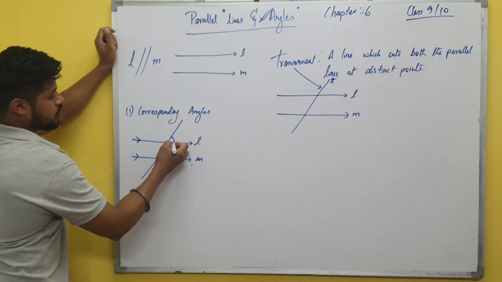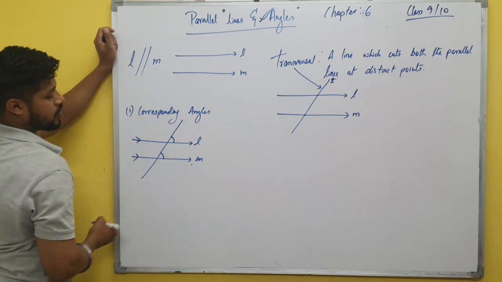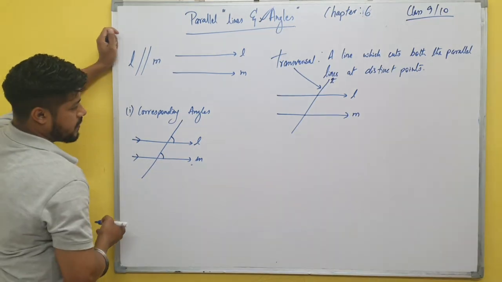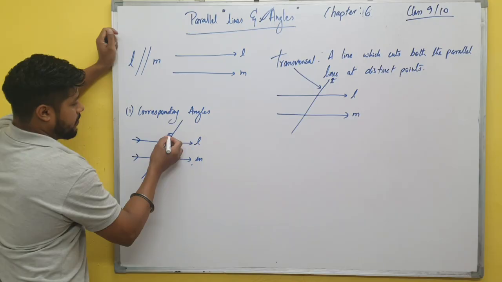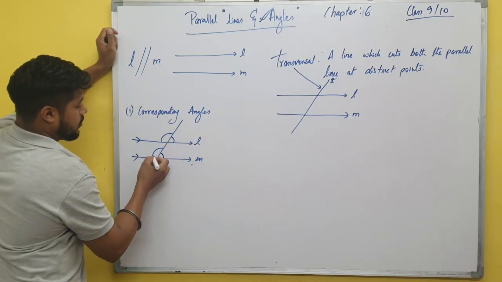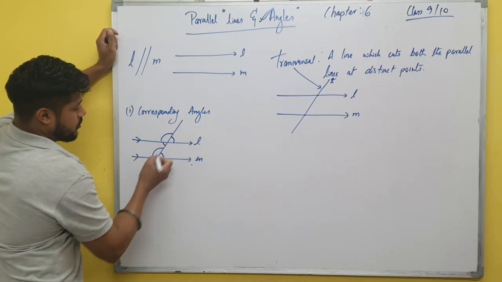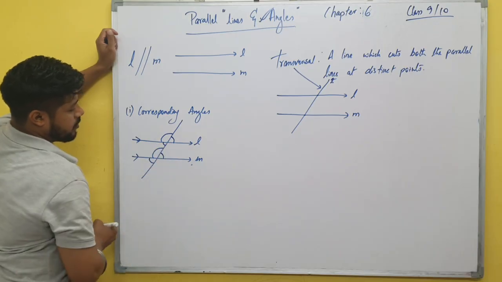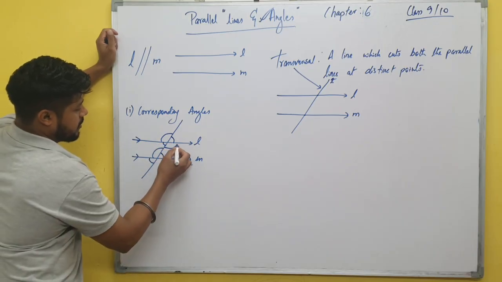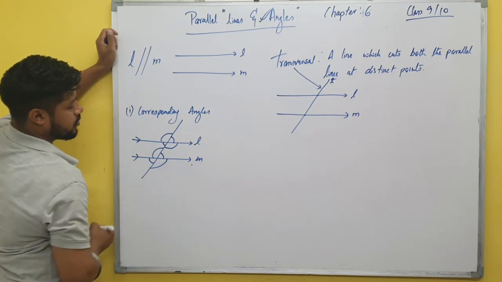Now these two angles are called corresponding angles. At the same time these two angles are also corresponding angles. These two angles are also called corresponding angles, and these two angles are corresponding to each other.